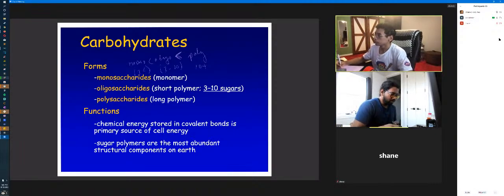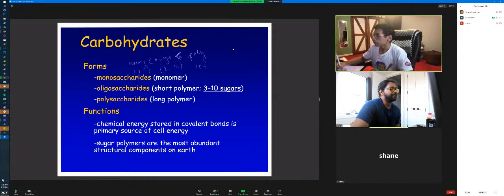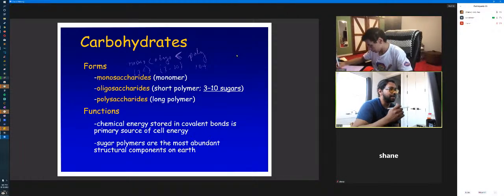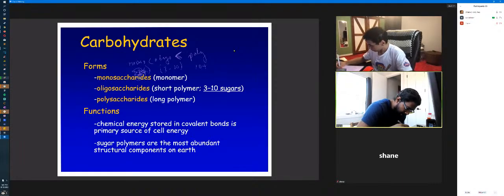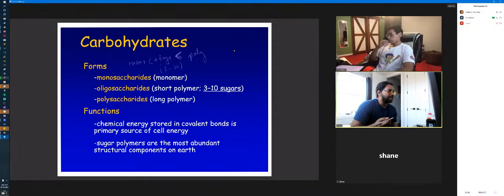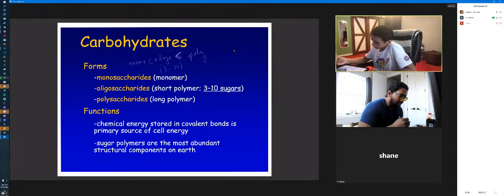So you see how I wrote these greater than signs? And then underneath I wrote essentially the number of sugars that they're composed of. So if it's less than 3, they'll be considered monosaccharides. Let me ask you this.